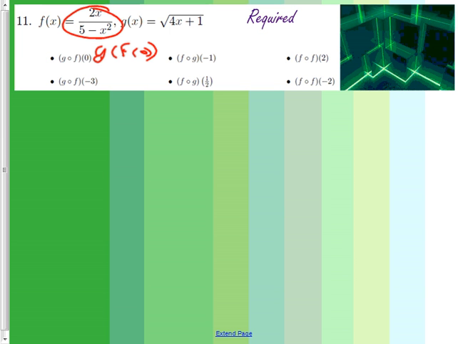It's only if the bottom would be 0 that I'd have a problem. And now g of 0. Same thing. Put a 0 in here and doesn't crash my function, so I just get square root of 1, which is 1. There we go. All right, so these first few are extremely, or it should be extremely easy.